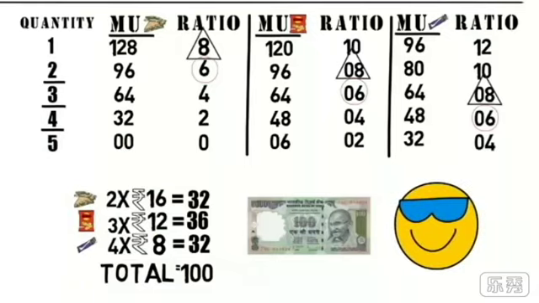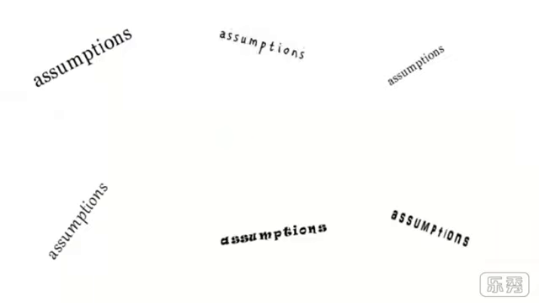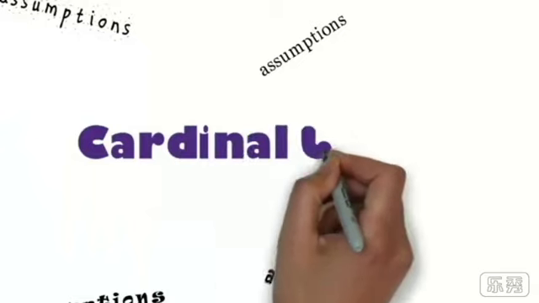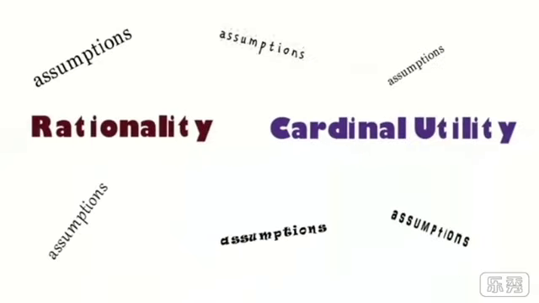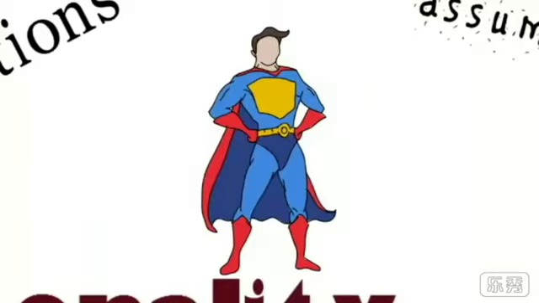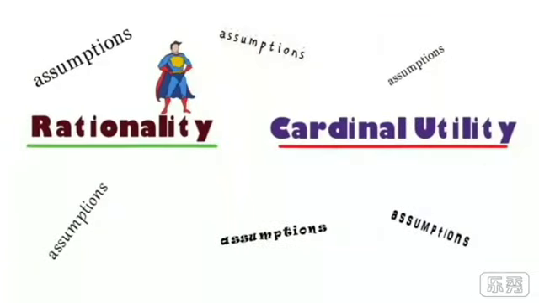The law of equimarginal utility is actually based on many assumptions. However, the assumptions that you all need to know are of rationality and cardinal utility. Rationality states that your friend is a completely normal person and he does everything as a normal person, and nothing superhuman or extraordinary. Secondly, remember from the first video of consumer behavior in utility analysis, we learned that utility can only be measured ordinally.